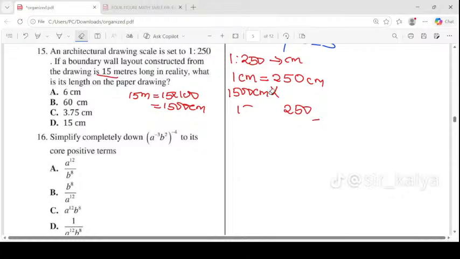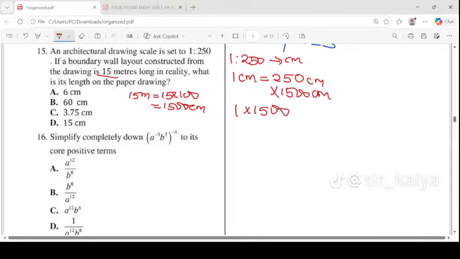Apologies for that. These 1,500 centimeters are measurements on the actual ground. Then what does it represent on paper? So the 1,500 centimeters should be on the right. Then you cross multiply. This becomes 1 multiplied by 1,500, then you divide this by 250. That's like saying 1,500 divided by 250.